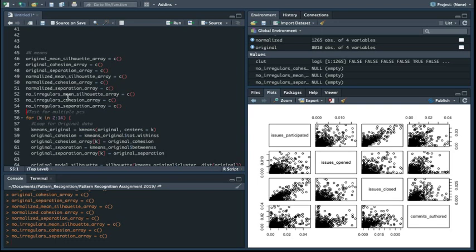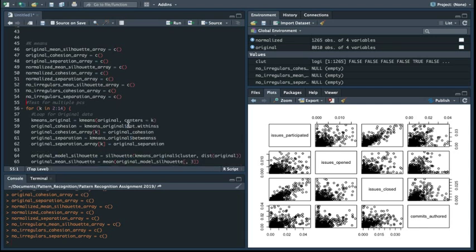The original one is a dataset that includes all the data with the one-day developers, the short contribution developers. The normalized one is the one that you saw before, and the no irregulars is the result of the DBSCAN.